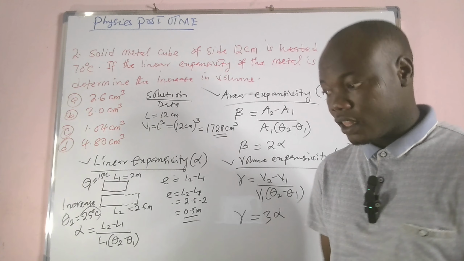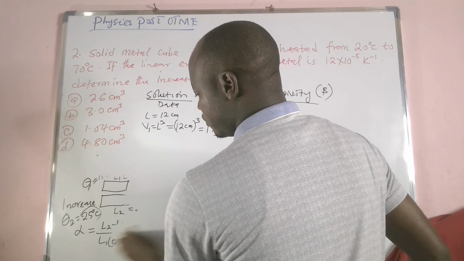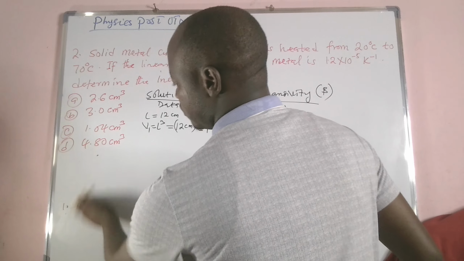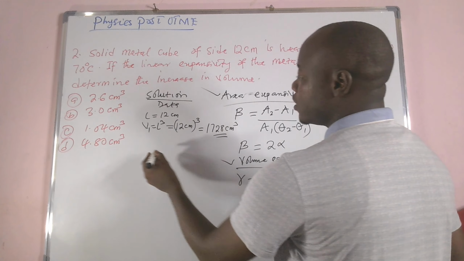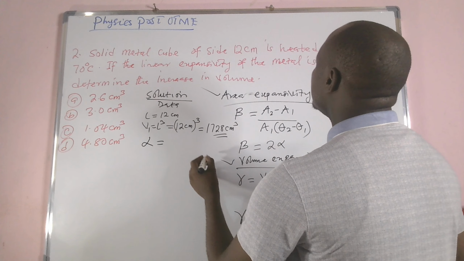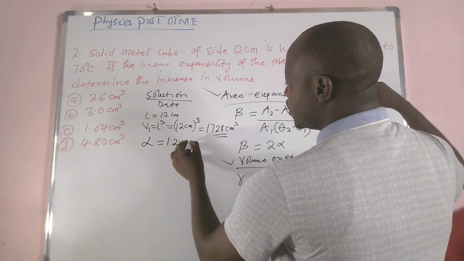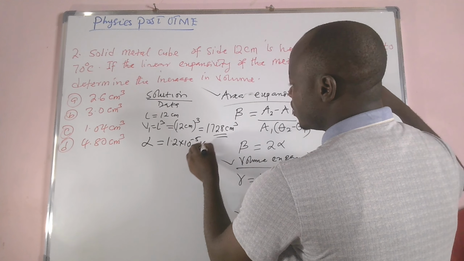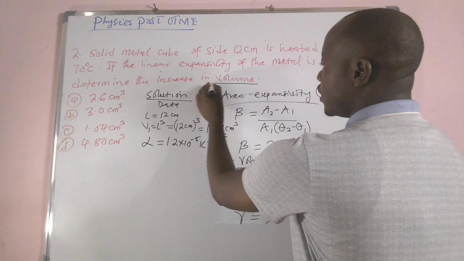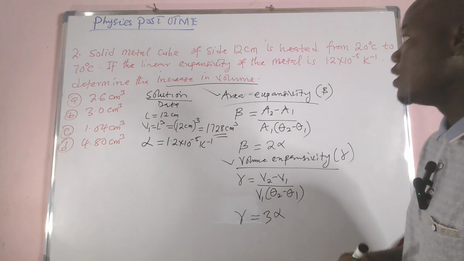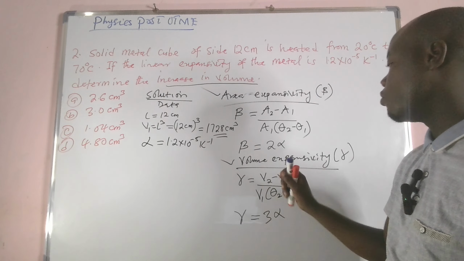So let me clean this. So you see, we have alpha, which is linear expansivity. It is given as 1.2 times 10 raised to the power of minus 5 per Kelvin. But remember, what we want to get is the increase in volume. So in this case, the linear expansivity must be converted into the cubic expansivity, that is the volume expansivity.